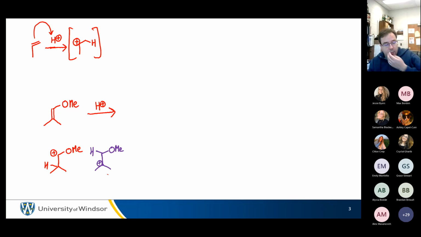Anyways, which of those carbocations is more stable, red or purple? And why? Nora's in for red, and doesn't have an explanation for why. Unless Nora does have an explanation.